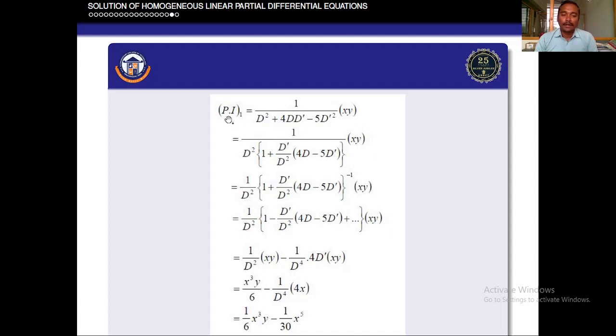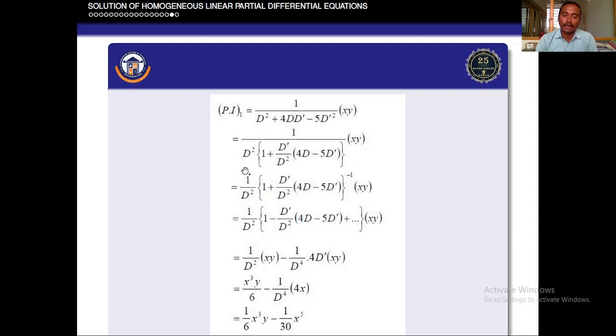Okay, this is the type 3 form. Here 1 by (D² + 4DD' − 5D'²) into xy is an algebraic expression. So to cancel this D and D', we have to convert this denominator into the form of a binomial expression. For that, take the first term as a common one. So here I am taking D² as a common one from the denominator.